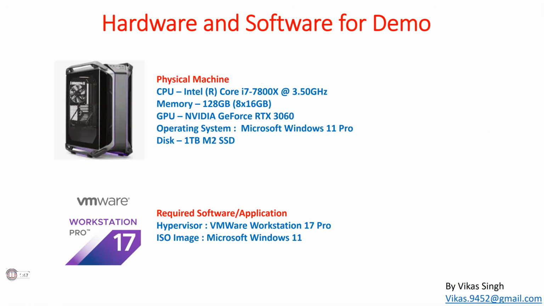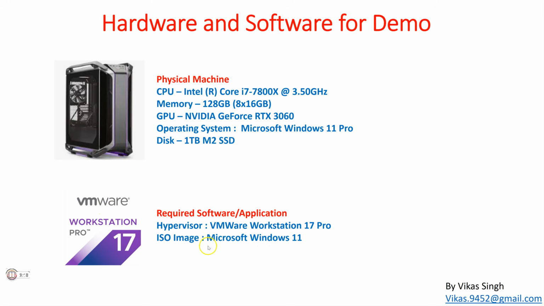In my lab, I'm going to install Proxmox on a virtual machine, but the steps remain the same if you want to install on a physical machine or any other hypervisor. I have a physical machine with an Intel Core i7 Extreme series processor with 120 gig of memory, running Windows 11 Pro, and on top of that I have installed VMware Workstation 17.